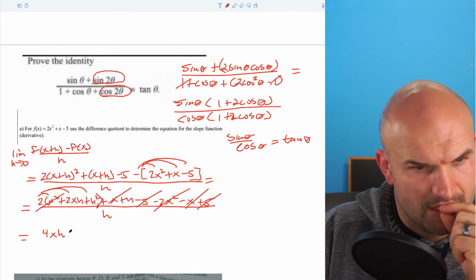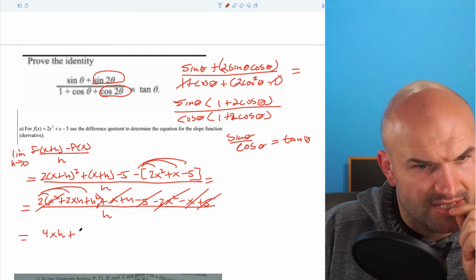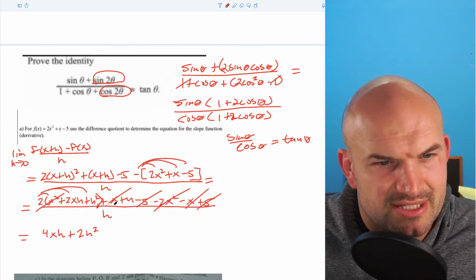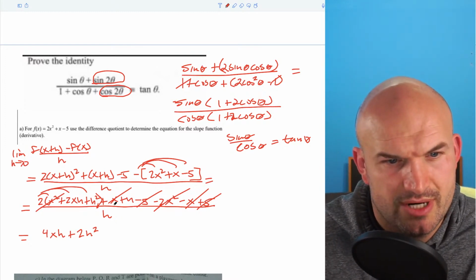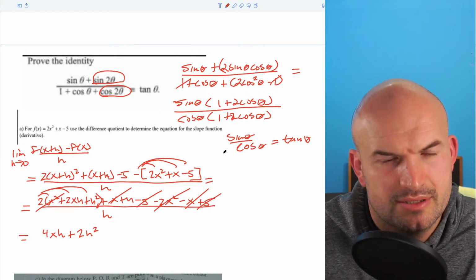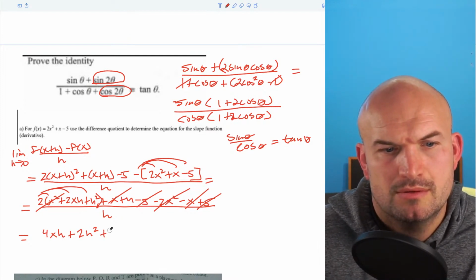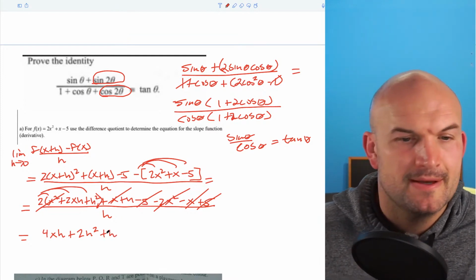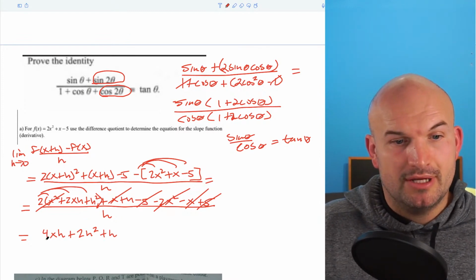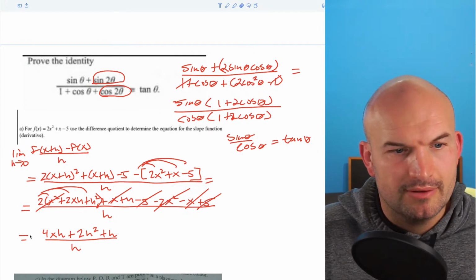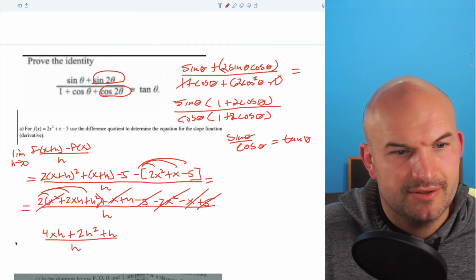That's a 2h squared, and then plus h, and that's all over an h. Again, not really using my limit notation very correctly.